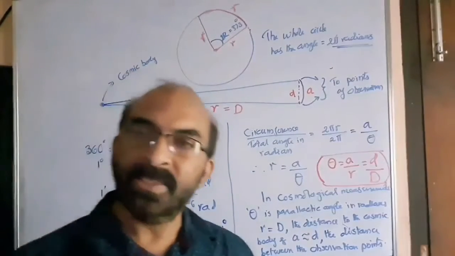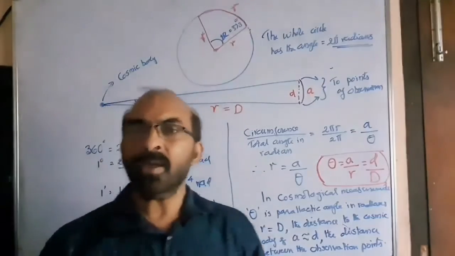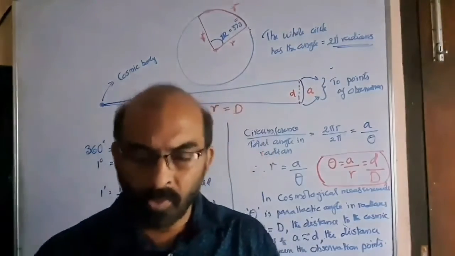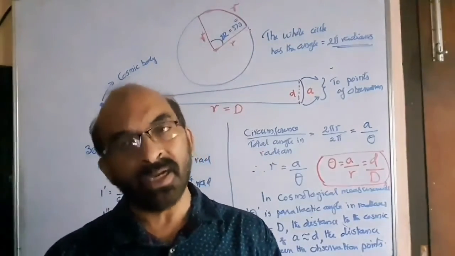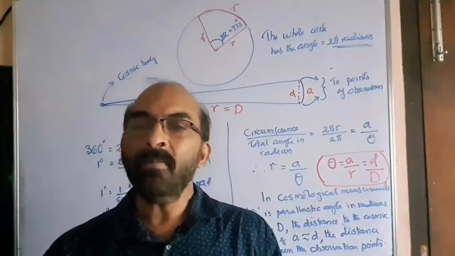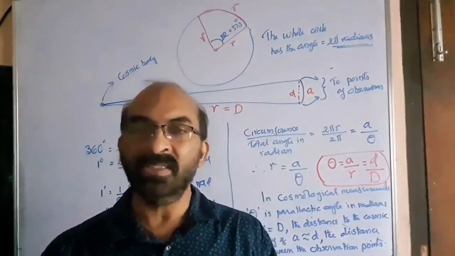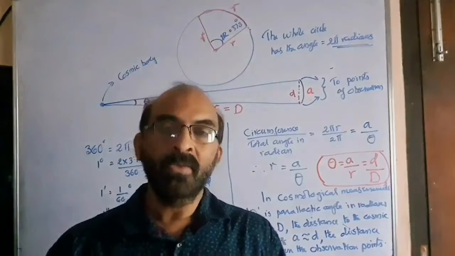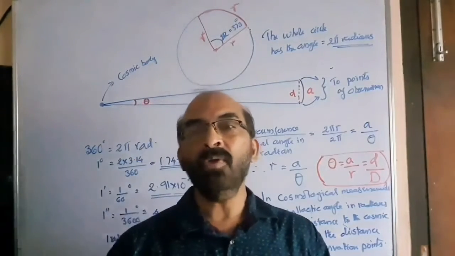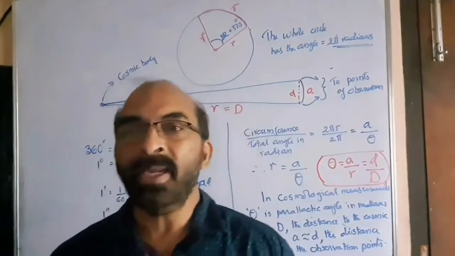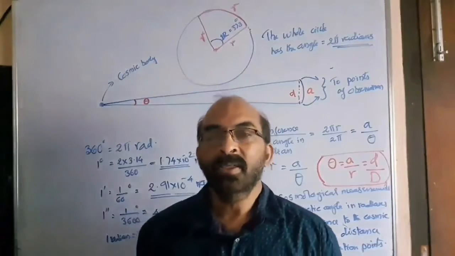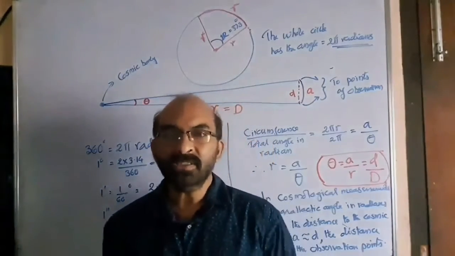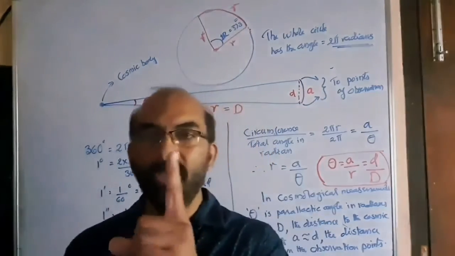Now we will see how we are going to use this information regarding a circle in measuring large distances. For that, we have to know what is parallax. See, this is the simplest example everybody used to say.